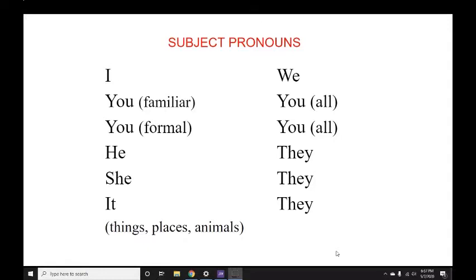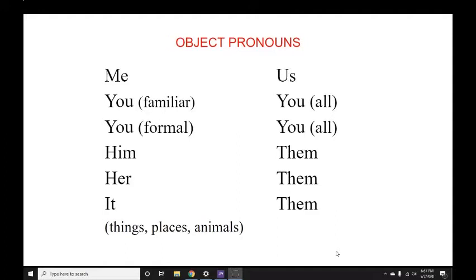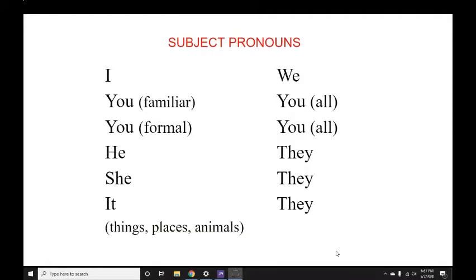So in English, here are the subject pronouns. We have I, you, he, she, it, we, you all, and they. And then for the object pronouns, we have me, you, him, her, it, us, you all, and them. So we have two different groups.